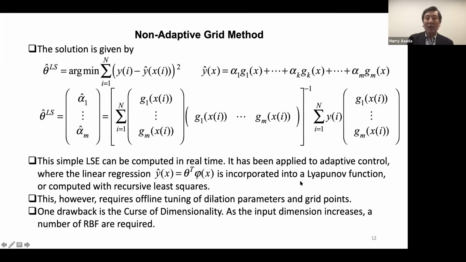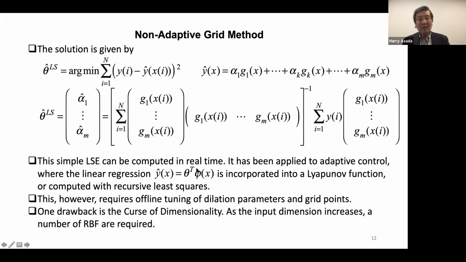And we can guarantee that the system can adapt to any unknown situations, not only driving the state to desired values, but also identifying the unknown nonlinear function by a collection of these radial basis functions, with the output weights alpha 1 to alpha m estimated together.